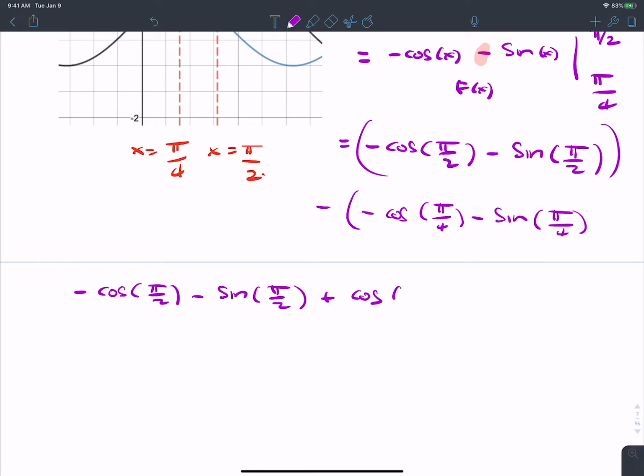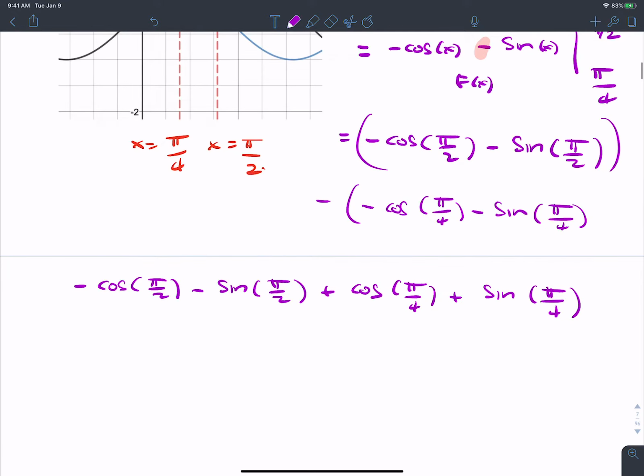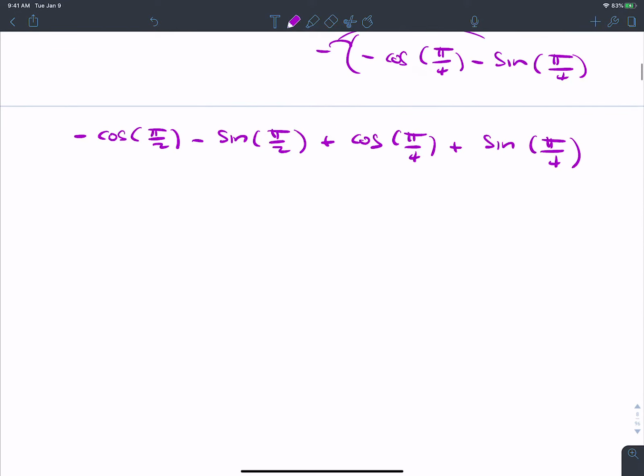That means now it's plus cosine pi over 4 plus sine of pi over 4. So all I did was distribute right here. Okay. So don't forget, this negative sign in front is really like negative 1 times those things. It's negative 1 times that.